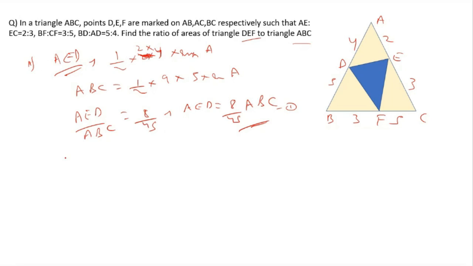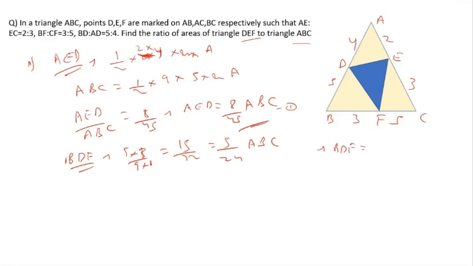Similarly, for BDF, the area would be 5 into 3, and for the big triangle, 9 into 8. So it will be 5 into 3 by 9 into 8, which is 15 by 72, or 5 by 24 of ABC.